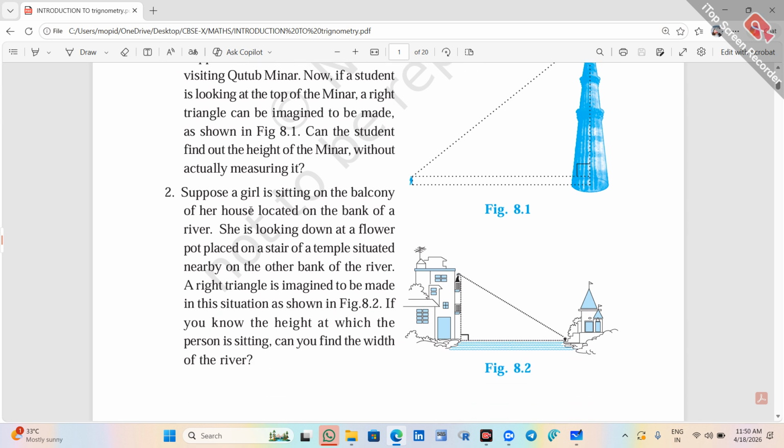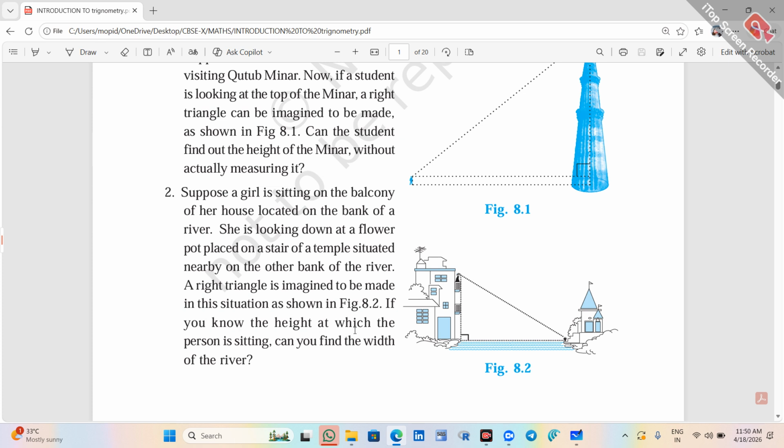See here, another example. Suppose a girl is sitting on the balcony of her house located on the bank of a river. She is looking down at a flower pot placed on a stair of a temple situated nearby on the other bank of the river. A right angle triangle is imagined to be made in this situation as shown in figure 8.2.